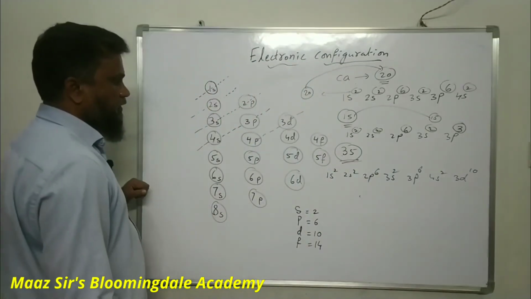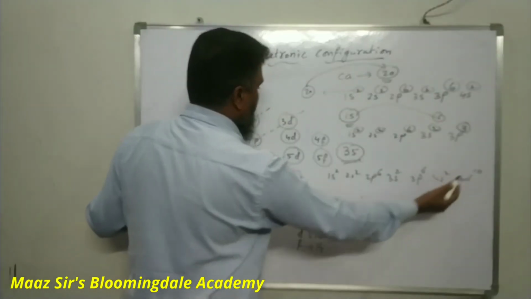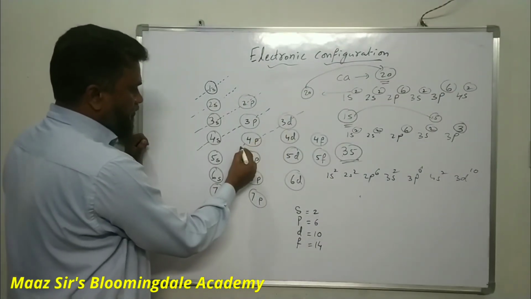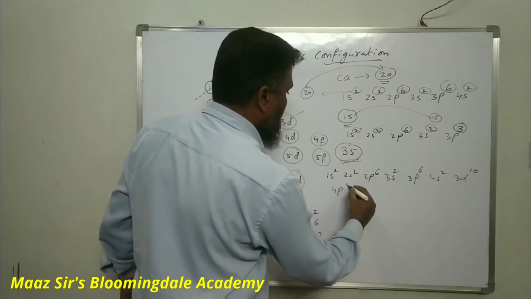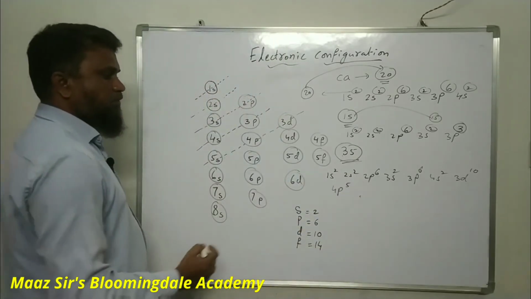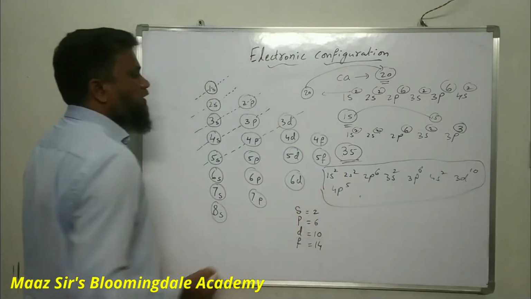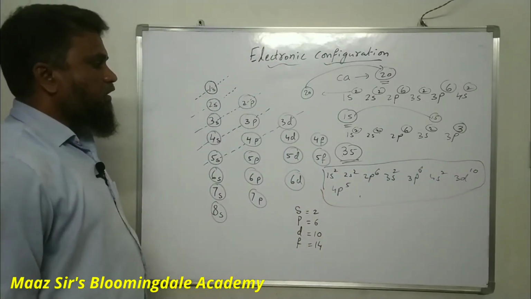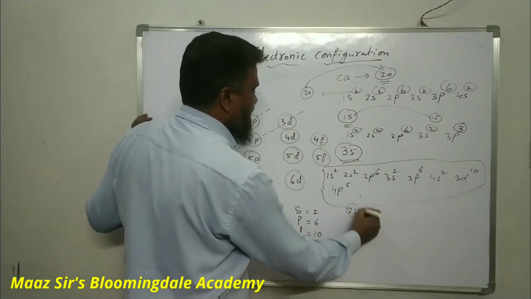Okay, now let us see. 10, 20, 30. After 3d, 4p, no? 4p5. So this is the electronic configuration for any number. Similarly, you can write for 85 also.